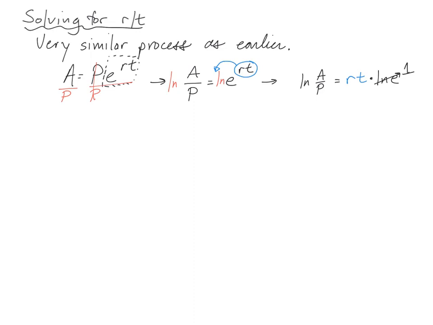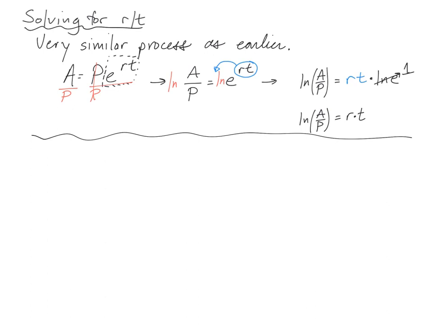So we are just left with this formula that natural log of A over P equals R times T. And so from this point, if we are trying to solve for R, then we can just divide by T. And if we're trying to solve for T, we can just divide by R. So it's a very similar process whether you're solving for R or T. So don't let the variables confuse you as you go through and try to do this.